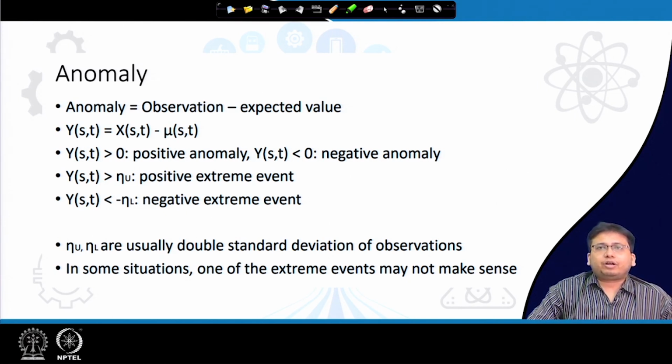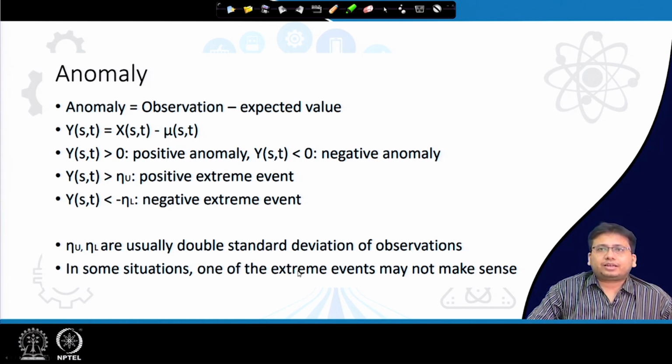For daily rainfall, positive extreme makes sense. If there is 100 millimeters of rainfall at a given location on a given day, we can call it a positive extreme. But there is no negative extreme to be defined in this case. Rainfall can never be negative, and if it is 0 rainfall, that simply means a day in which it did not rain, there is nothing extreme associated with it. So, in that case only positive anomaly makes sense.